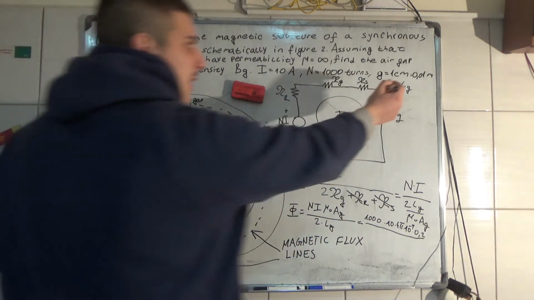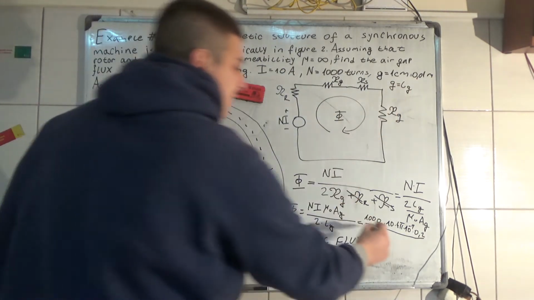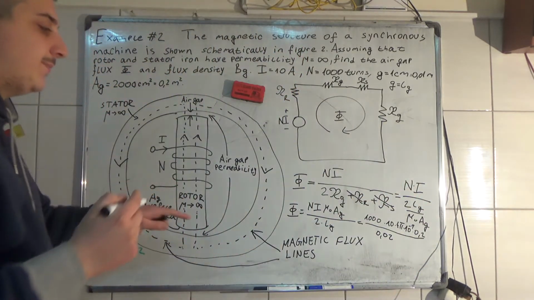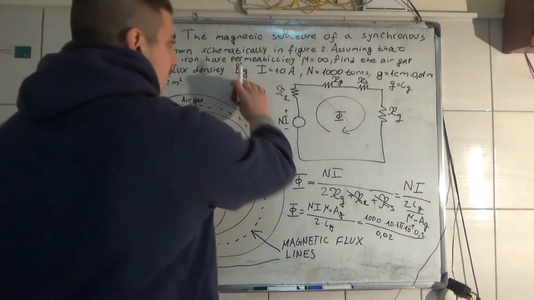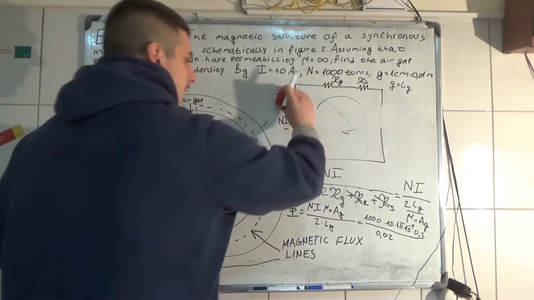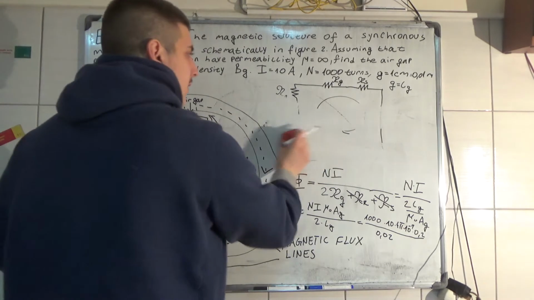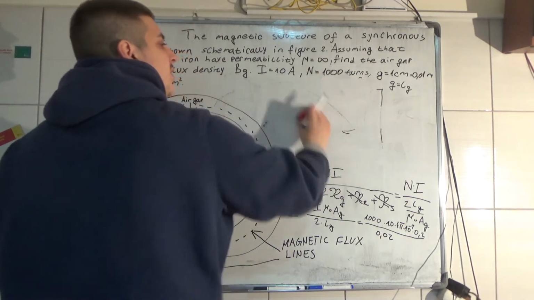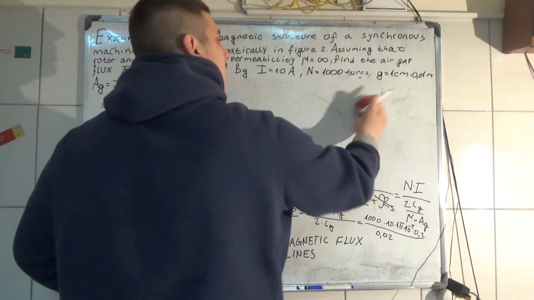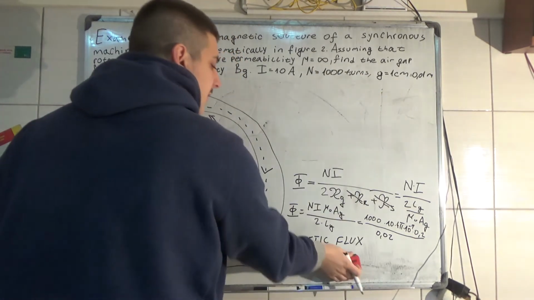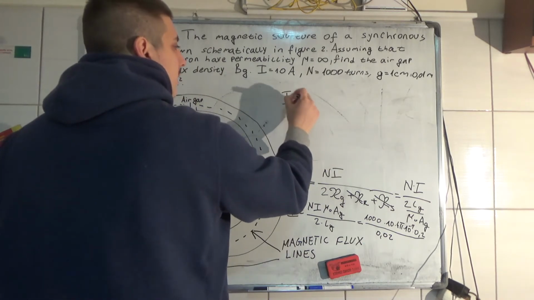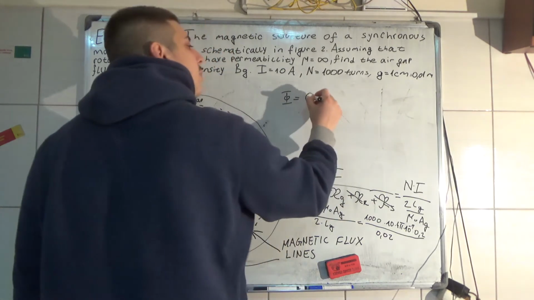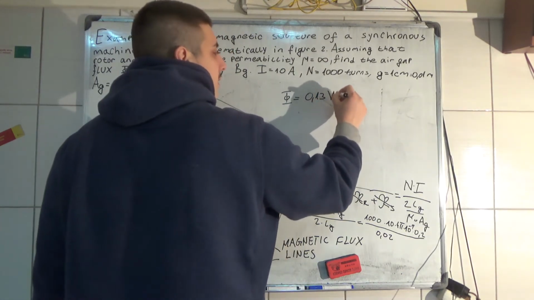Two times 0.01 meter is 0.02 meters. And we get that the flux in the machine is equal to 0.13 Webers.